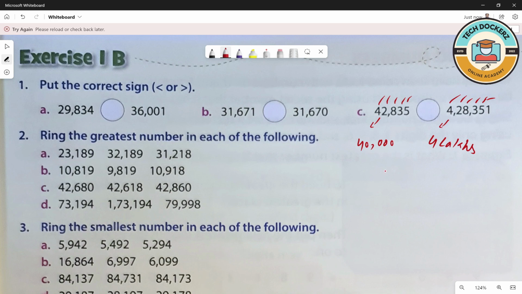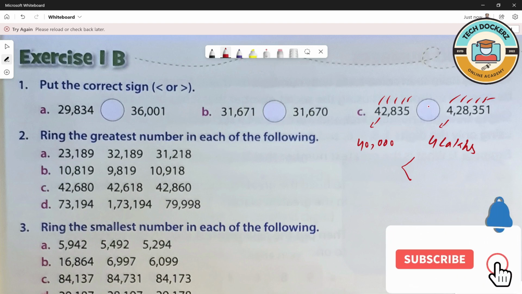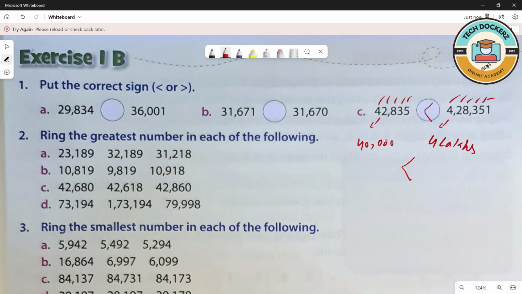So which symbol will come? The open side of the crocodile mouth represents the bigger number and the closed side of the mouth represents the smaller number. So 4 lakh is greater than 40,000.